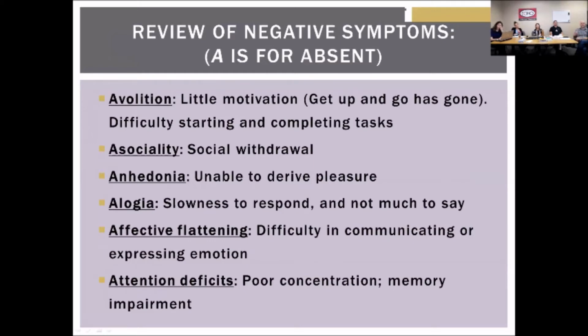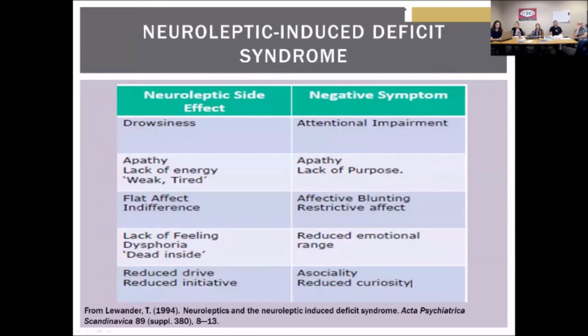And then I've added to that asociality, which is the social withdrawal that we typically see in individuals with negative symptoms. And then what I did was, and I didn't actually do this, this came from a 1994 paper that I referenced at the bottom, but you can see the different kinds of negative symptoms in the right-hand column, and then neuroleptic side effects on the left-hand column. So you can see the degree of overlap that we have.